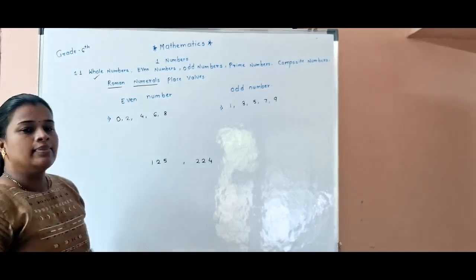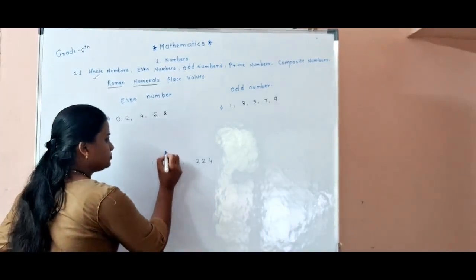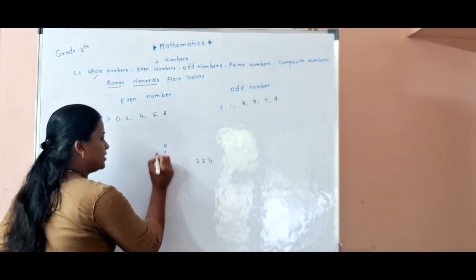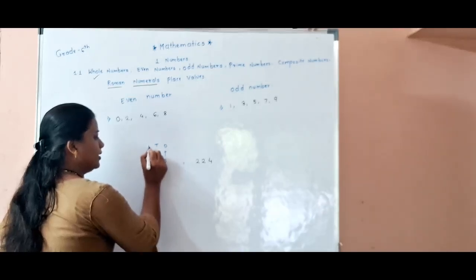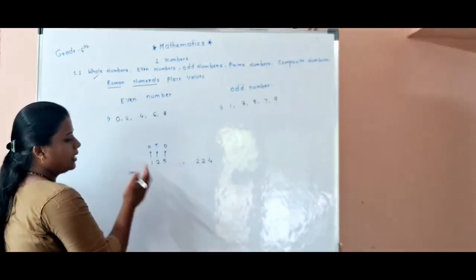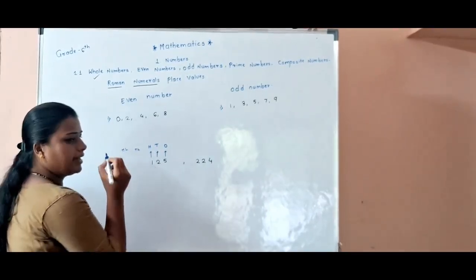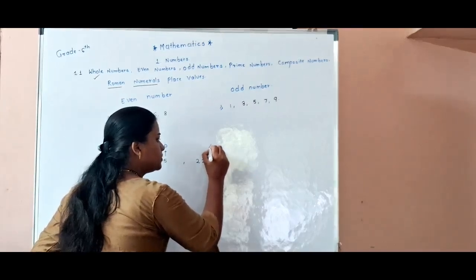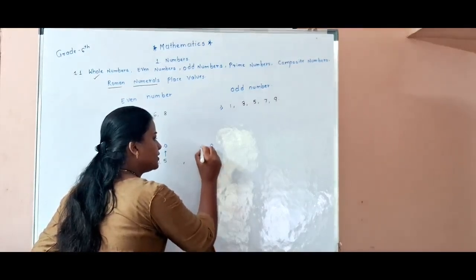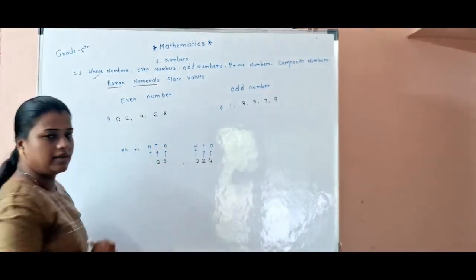Now, this is the ones place, this is the tens place, and this is the 100 place. It goes on to 1000, 10,000, lakh, 10 lakh, whatever it is. Here also this is the ones place, here it is the tens place, and this one is the 100 place. Right?